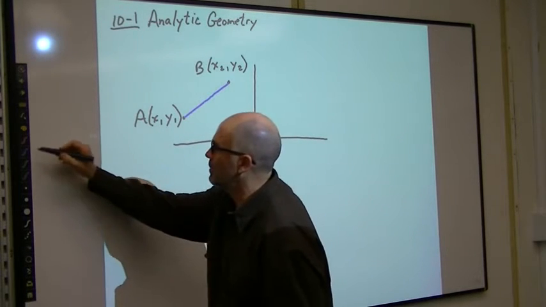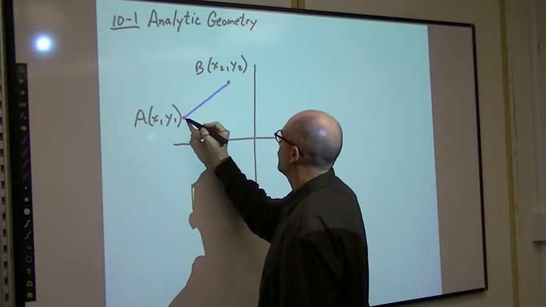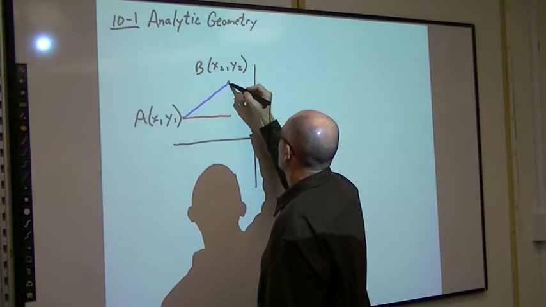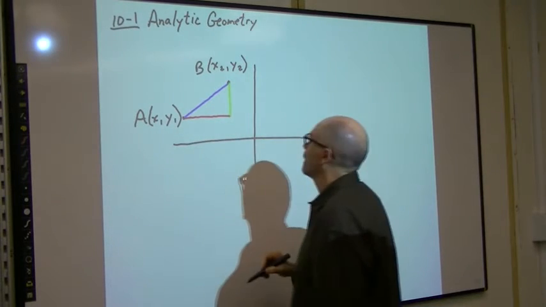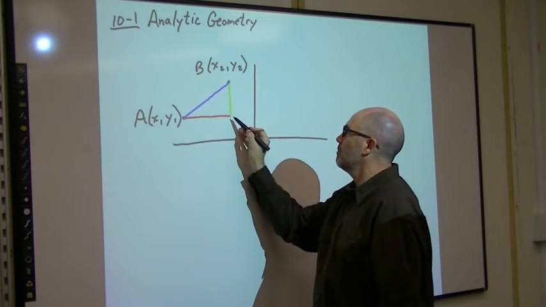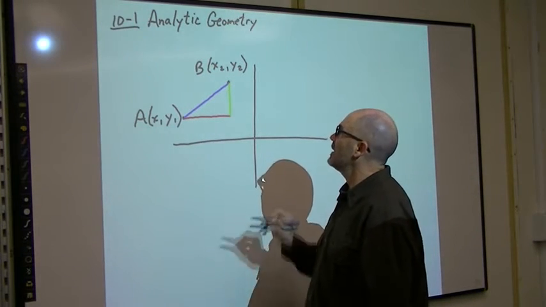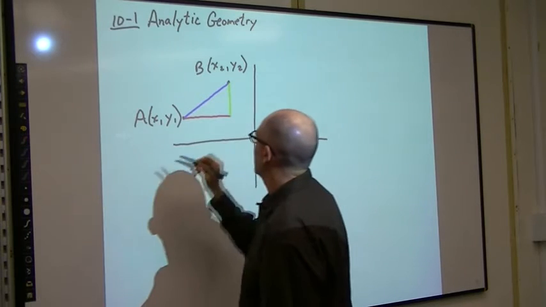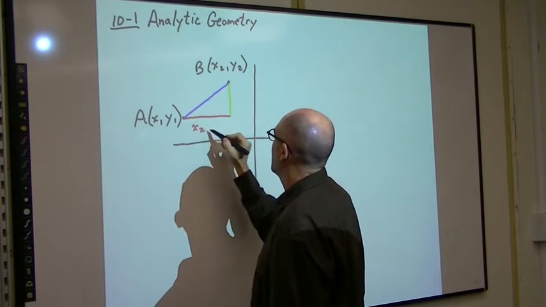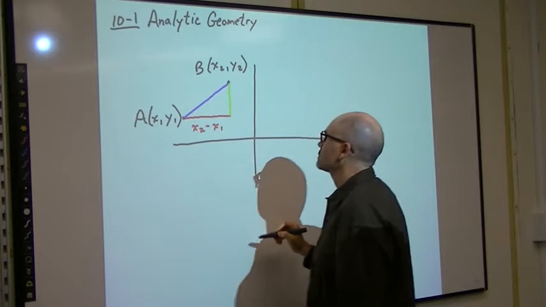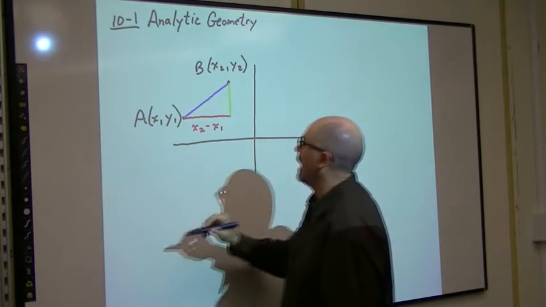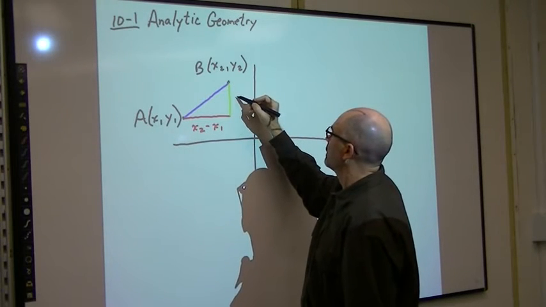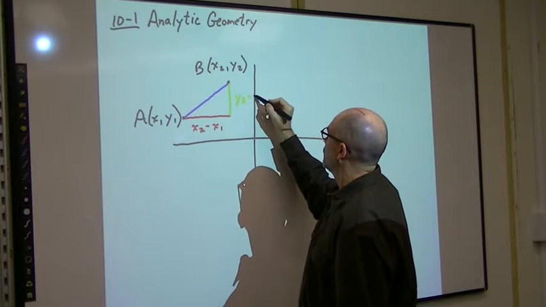Pretty simple. All we do is we turn this into a triangle. The base leg of this triangle is the difference between the x's. It's the horizontal distance, so this is just x sub 2 minus x sub 1. The altitude of this triangle is the difference in the y's, y sub 2 minus y sub 1.